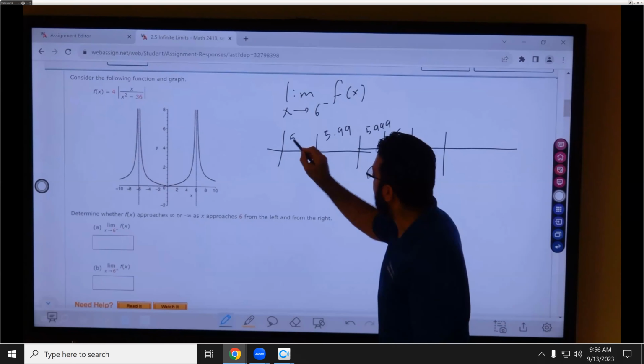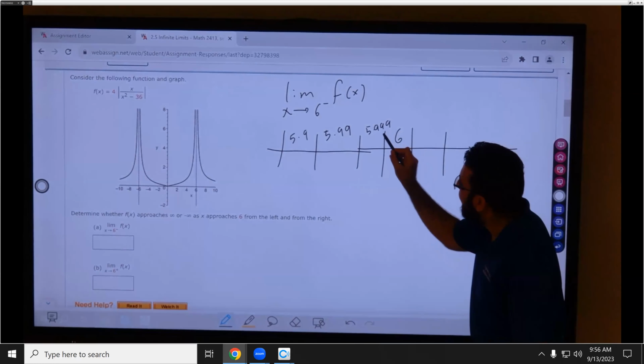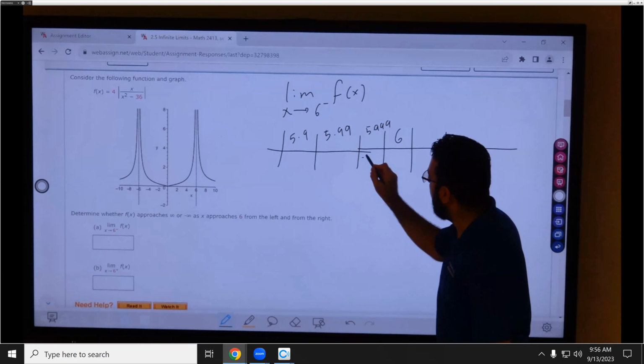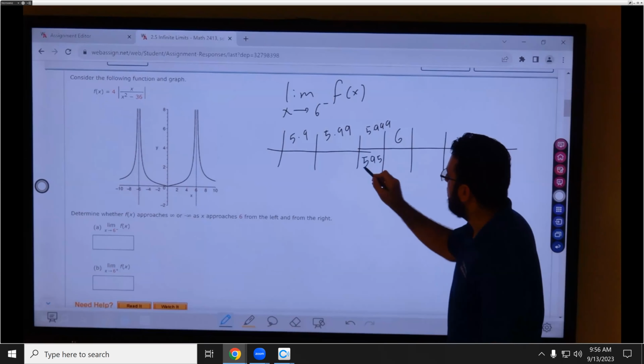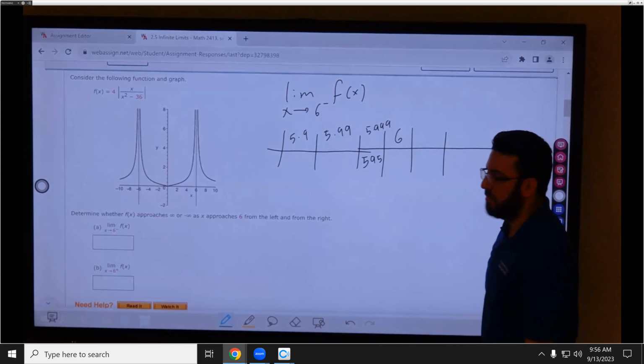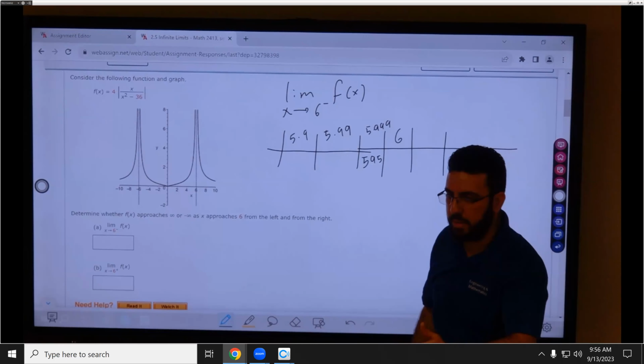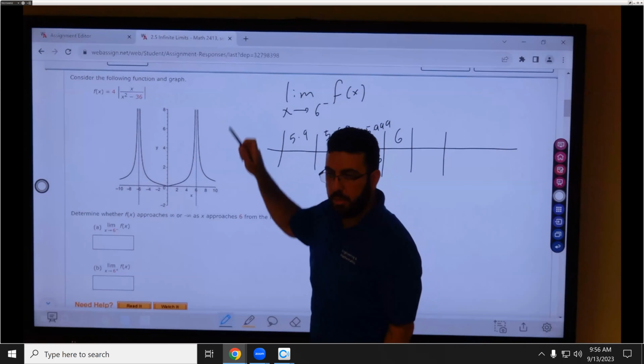You will see every time you pick a number closer to 6, the limit keeps going up. So there is no bound to stop the limit. In this case, the limit goes to infinity, okay? So here's infinity.